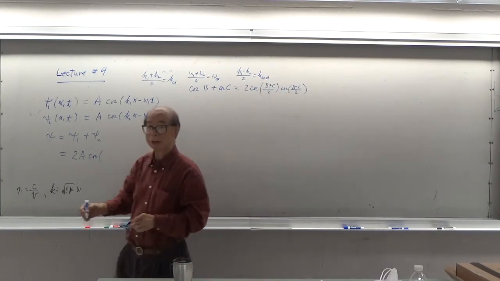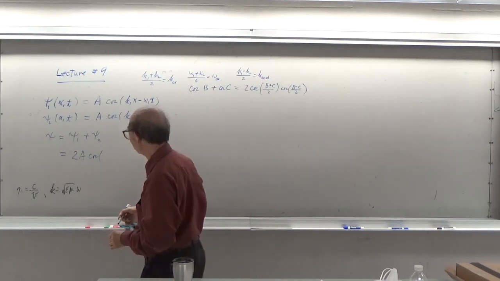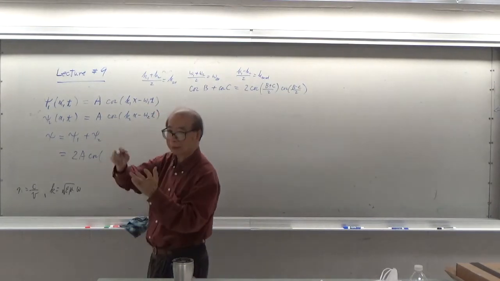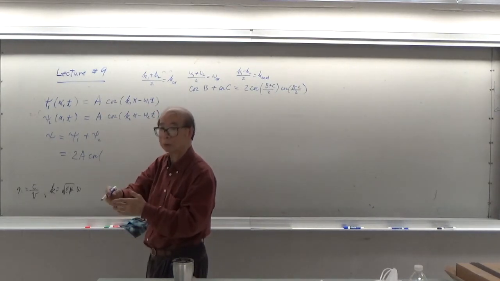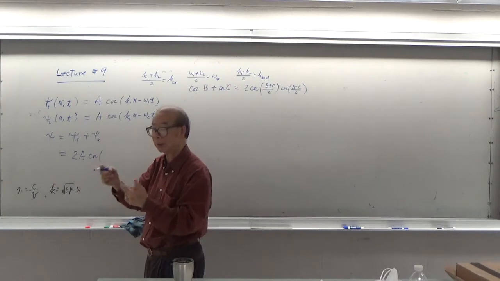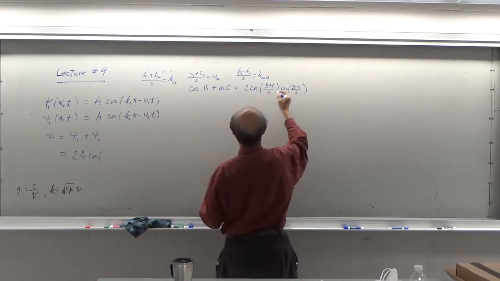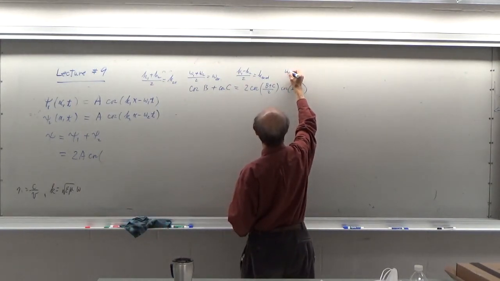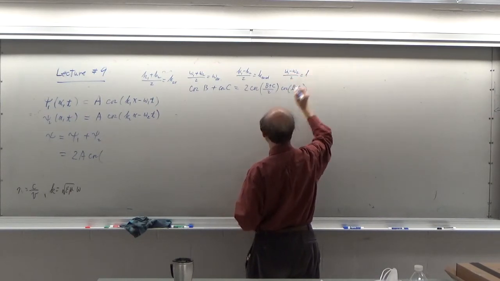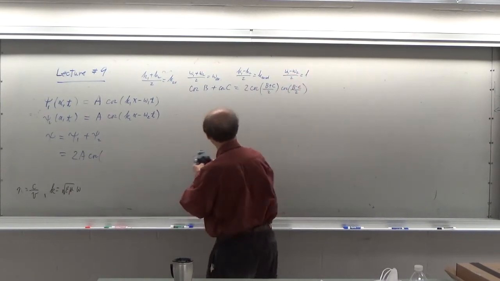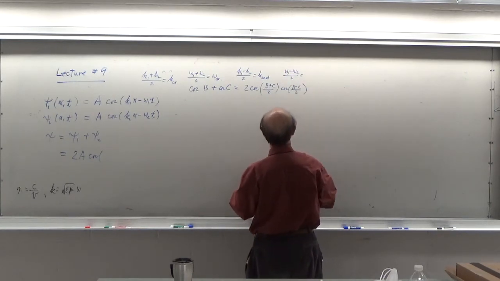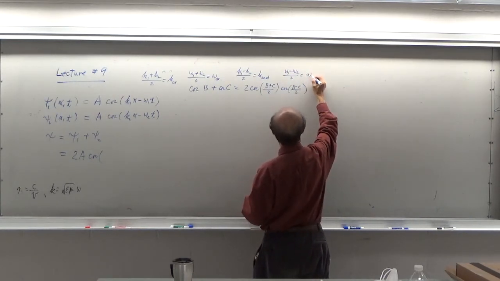Mod stands for modulation. And it comes about because we want to modulate a wave so as to be able to send a message, to encode a message. And omega 1 minus omega 2 half to be omega mod.